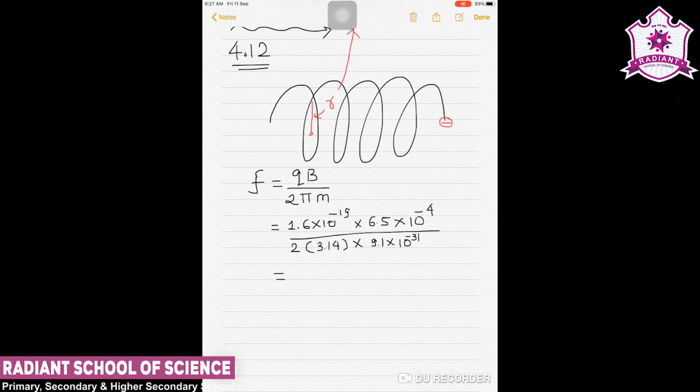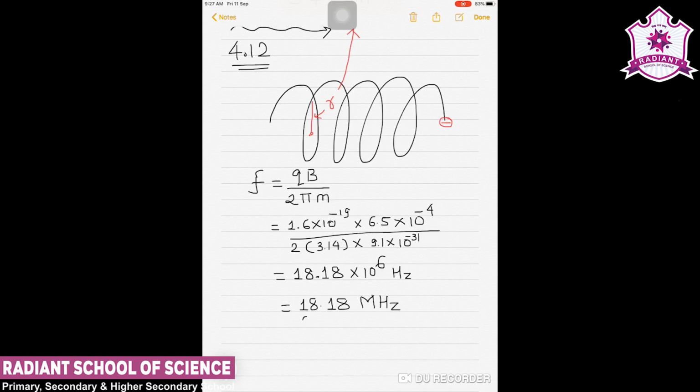When we simplify it, we will get about 18.18 into 10 to the power 6 hertz. Hertz is a unit of frequency, and 10 raised to 6 is considered as mega. So it is about 18.18 megahertz.